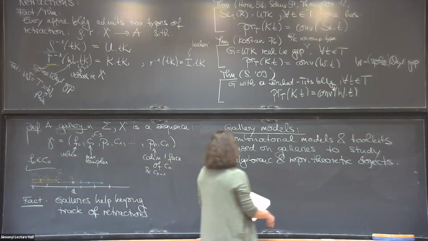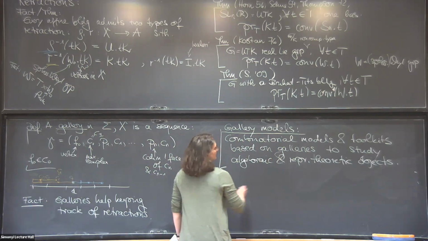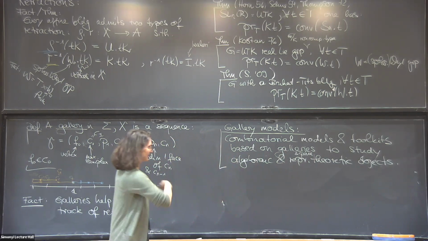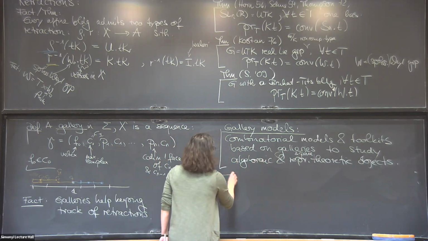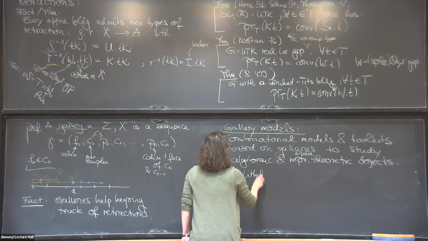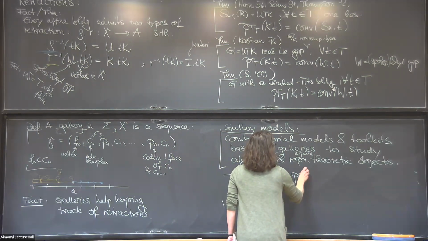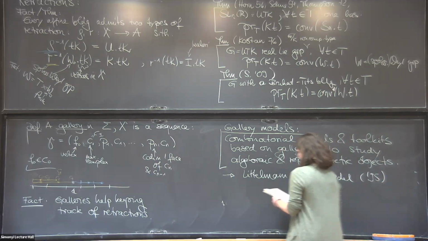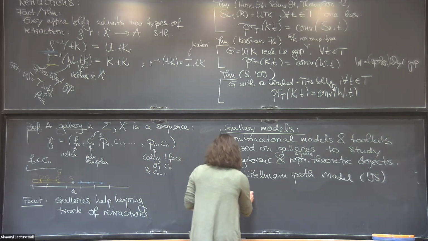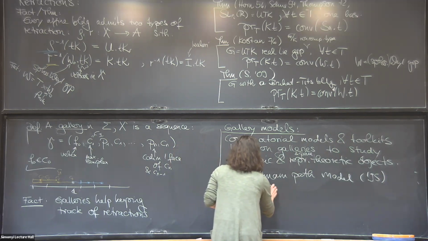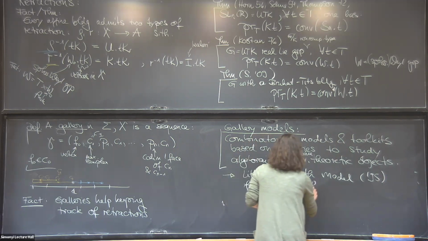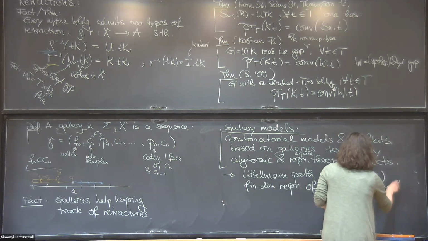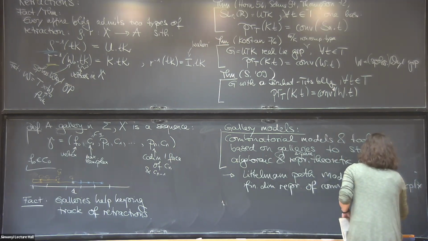But a very prominent example of such a thing is where you don't look at galleries, but at geodesics between points, so paths, and then you have the Littelmann path model, which was introduced in the 90s, and it explains finite dimensional representations of connected semi-simple complex algebraic groups.